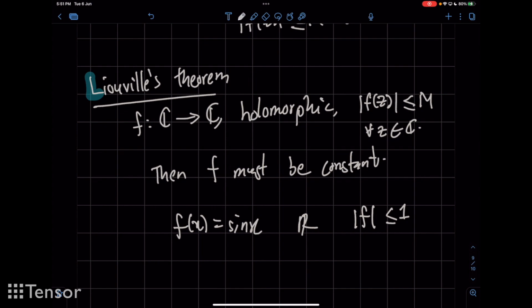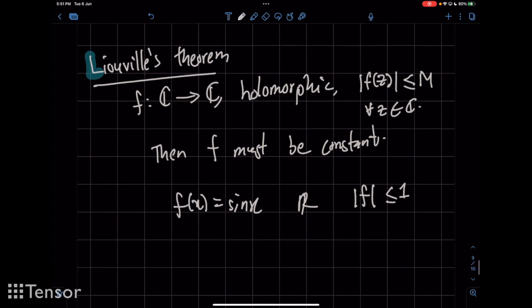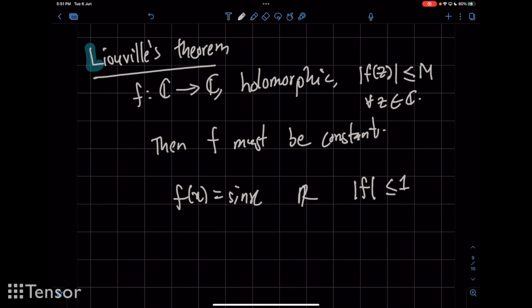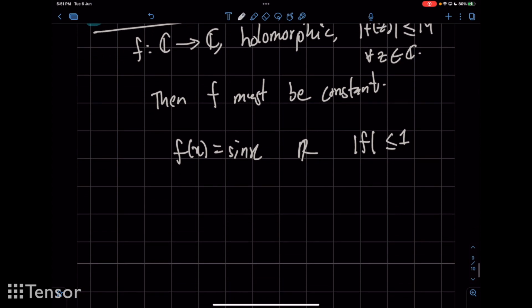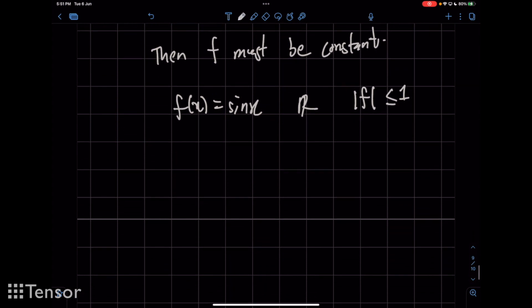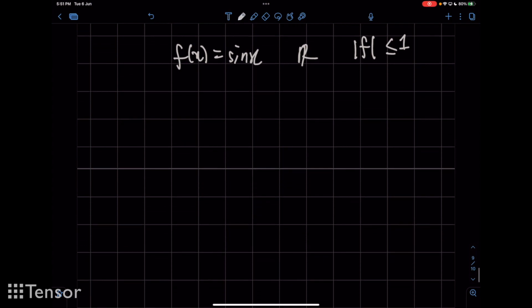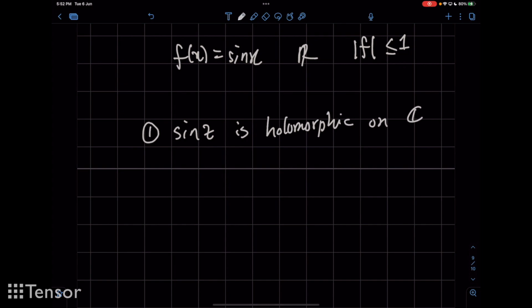So the other day, I saw a thread in Math Stack Overflow, a thread of common misconceptions. And one of those common misconceptions was the following. The first statement is that sin z is holomorphic on the whole complex plane.